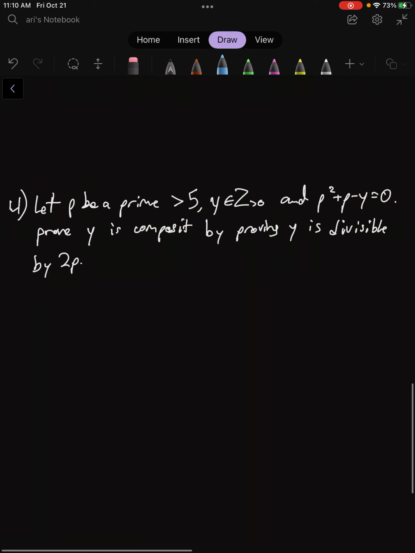So this is slightly tricky, but I guess the way I would think to do this is I would say, okay, we could change up this formula a little bit and say y equals p squared plus p.